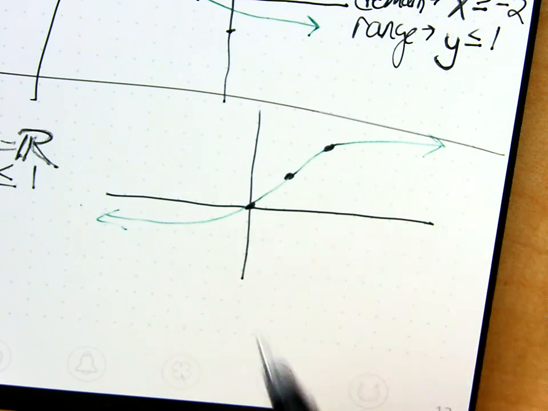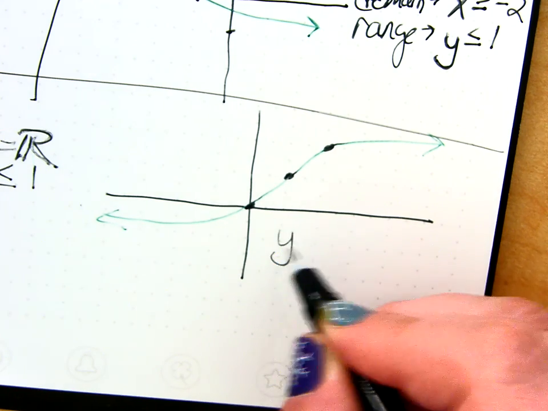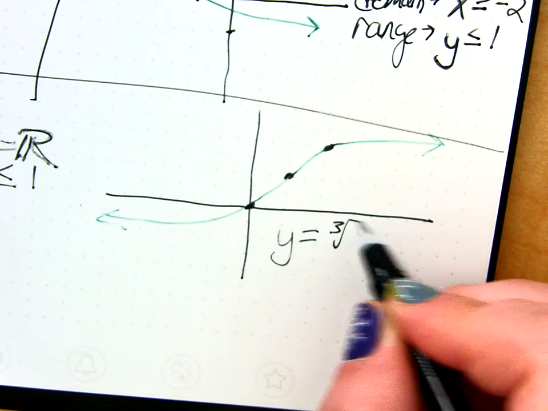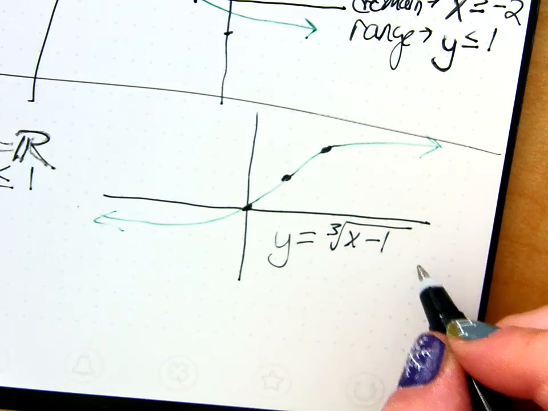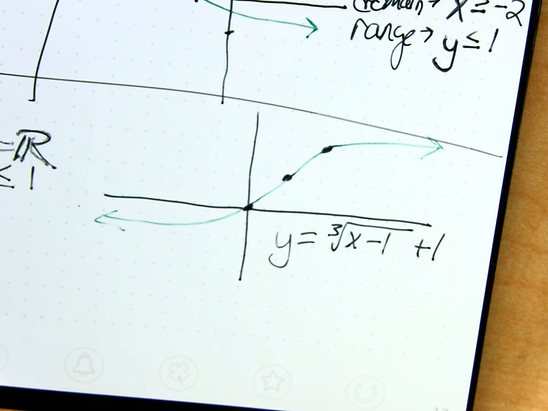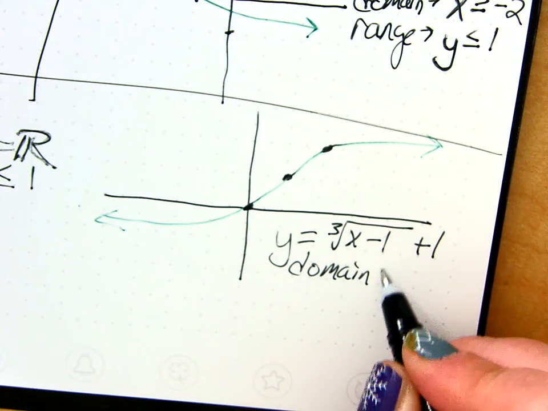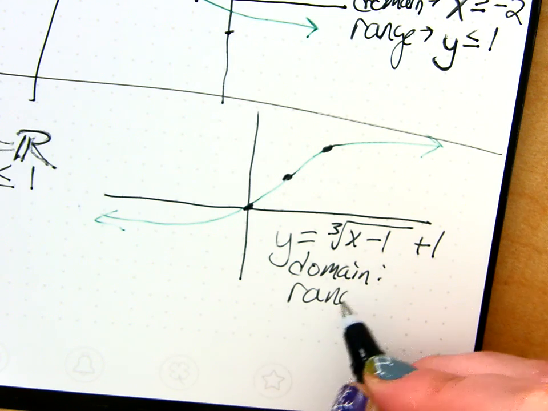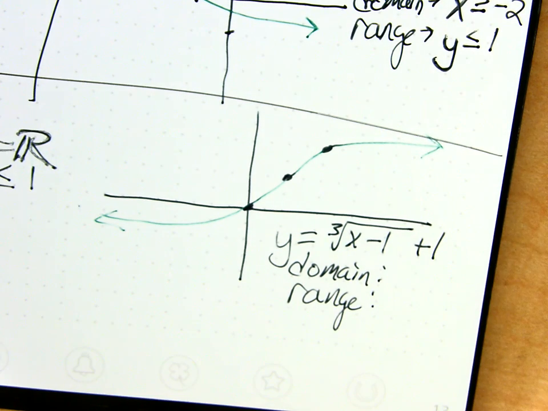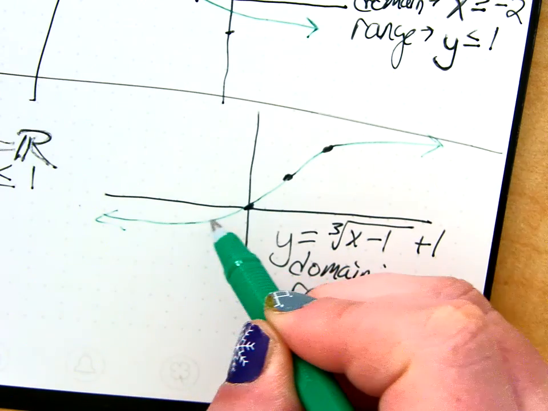So a cube root function that's moved right one, up one would look like cube root to the right one, up one. So there's its equation. Now I ask you to ponder, what would the domain and range be? Go ahead and write down what you think the domain and range of this green graph is.